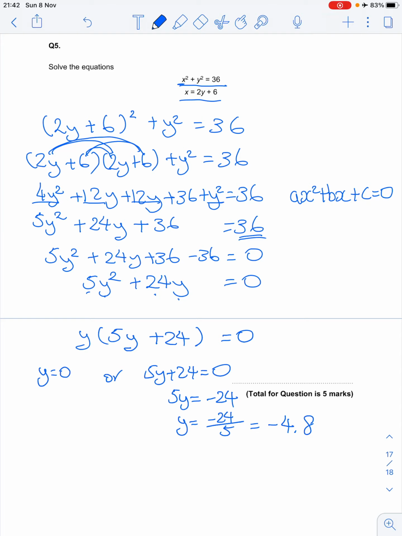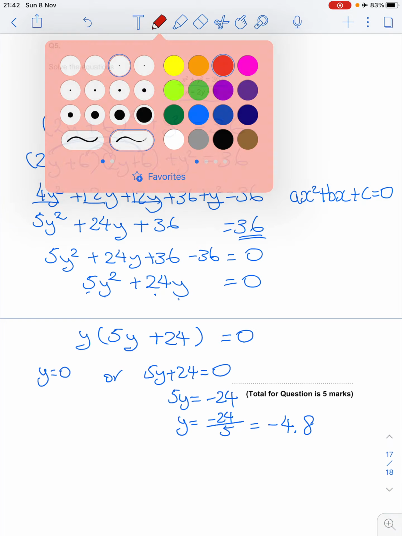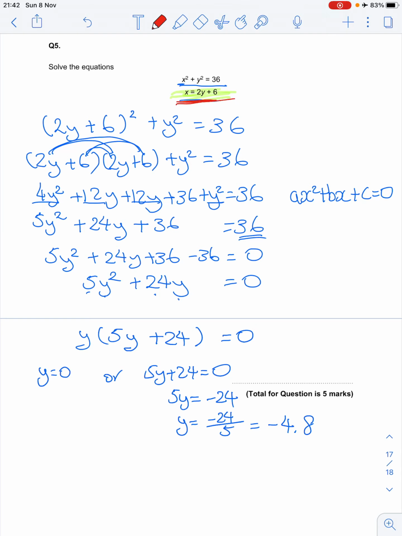Remember, we must also have a corresponding x value for each of them. To make it easier, we always substitute into our linear equation. So when y equals 0, we have x equals 2y plus 6. So when y is 0, I have x equals 6.